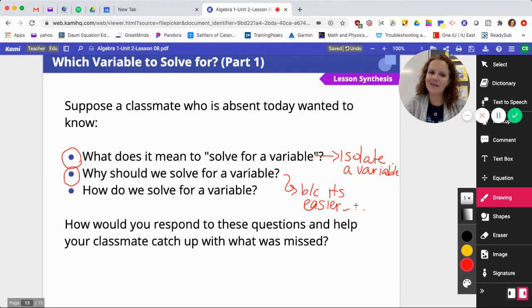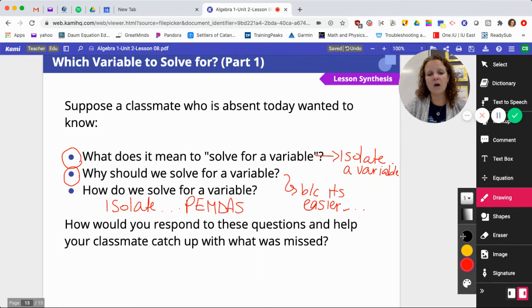Mathematicians are a tad bit lazy. I'm a tad bit lazy when it comes to math. I always look for the easiest way to do something. And how do we solve for a variable? We isolate that variable. We do PEMDAS backwards.